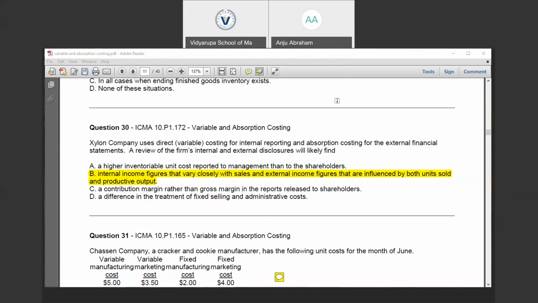Okay, inventoriable cost under variable costing. Inventoriable cost or product cost under variable costing only includes variable manufacturing costs. So what are the variable manufacturing costs? Direct material cost, direct labor cost, and variable manufacturing overhead. Only in absorption costing do we include fixed manufacturing overhead along with this variable manufacturing cost. We need not take fixed manufacturing cost in computing the inventoriable cost under variable costing. Is it clear?